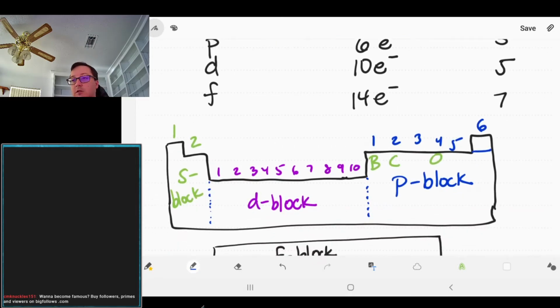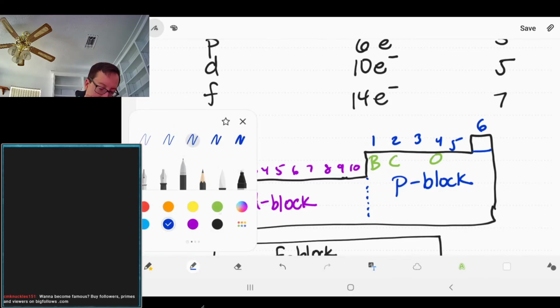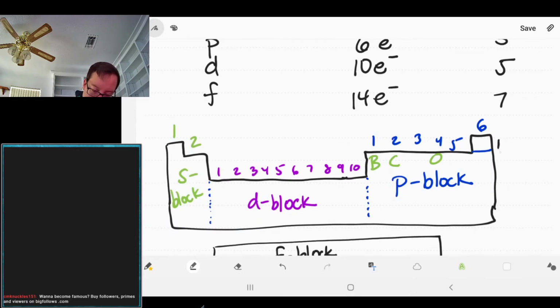All of these in the periodic table will tell us the last bit of our electron configuration. So if we were to guess for something like chlorine, I'm going to have to erase the P block for a second, but here's chlorine.